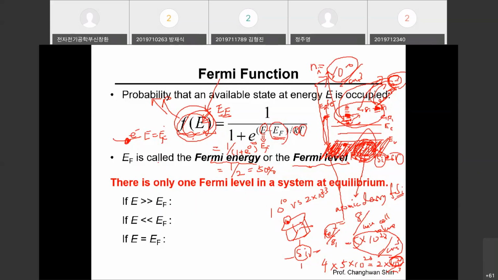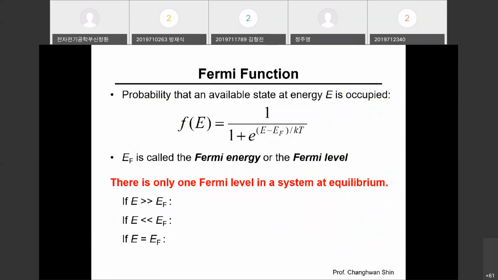Okay, now let's go back to the Fermi function. If I plug in E sub F in this Fermi function, the result is 50%, which means at this energy level, the probability of finding an electron is 1/2.